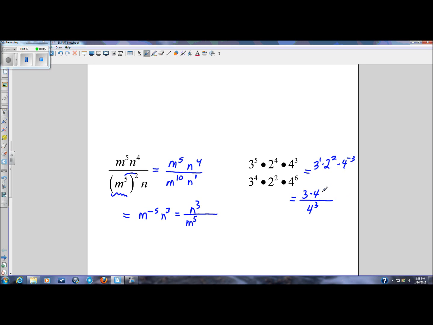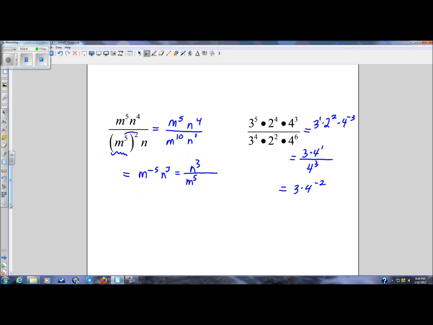Now at this point, if you wanted to, before you simplify 3 times 4, you could put a 1 on the 4, and notice we can do this all again. We've got 4 in the numerator, 1 in the denominator, so let's subtract the exponents. 1 minus 3 gives you 4 to the negative 2. So I have 3 times 4 to the negative 2.